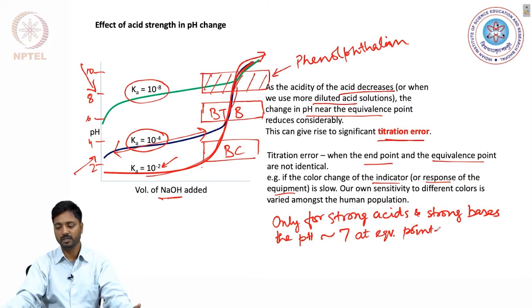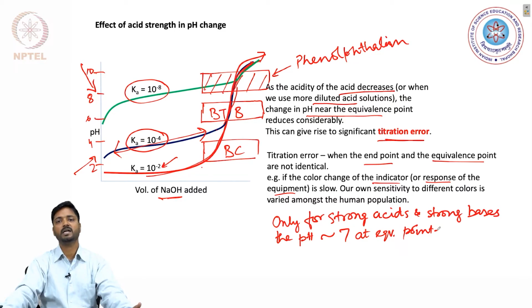When we are dealing with a weak acid and a strong base, the strong base will dominate, and at equivalence point the pH will be basic. Similarly, if our acid is strong but the base is weak, the pH at the equivalence point will be acidic. So, please keep this important point in your mind when you are thinking of titrations.